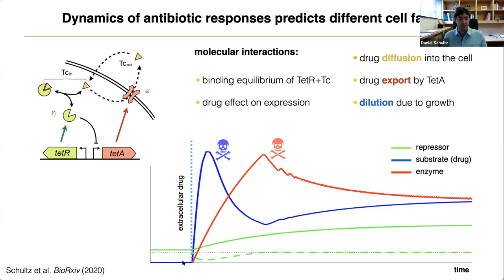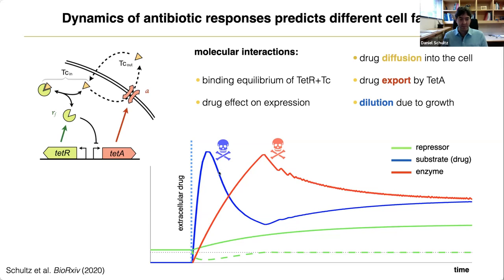If we write this equation, then we can simulate this system, and what you see is that initially, when there's not a lot of efflux pump, you have this sharp increase of intracellular drug, and this first peak of drug concentration.